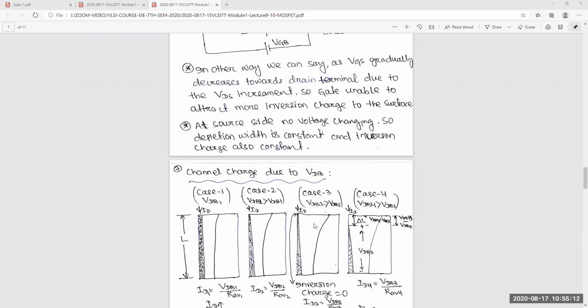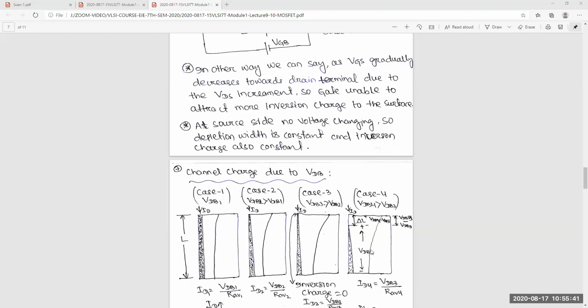In the third case, you can see at this drain terminal, the surface charge, means inversion charge, is almost zero. Okay, it just touches. After that it will be zero. So this point is nothing but your threshold point or pinch off point. So here inversion charge is 0 and ID3 is equal to VDB3 by R average 3.